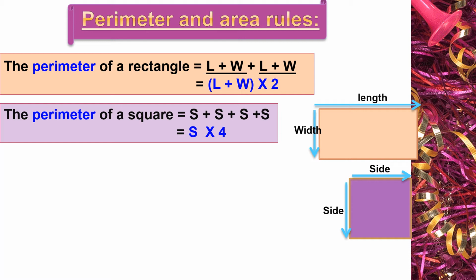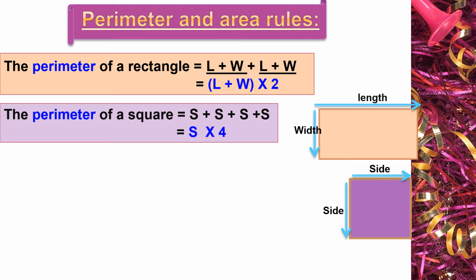Let's revise area. We said area is the space inside the shape. And if I have rows and columns here, I will multiply rows by columns.